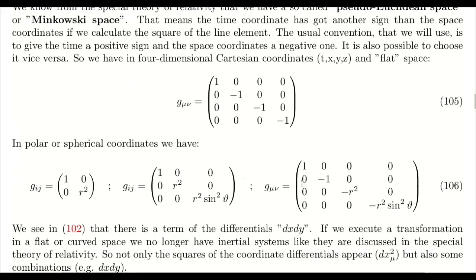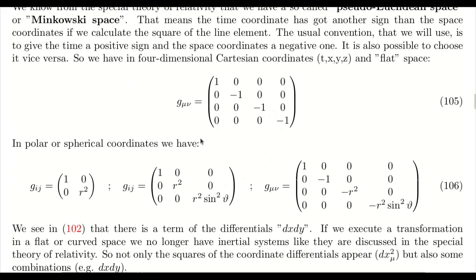Here we have Cartesian coordinates, and because of the pseudo-Euclidean space, we take the space coordinates as negative. So 1, -1, -1, -1. And if we work in the four-dimensional space, we now use Greek indices, like g, mu, nu.